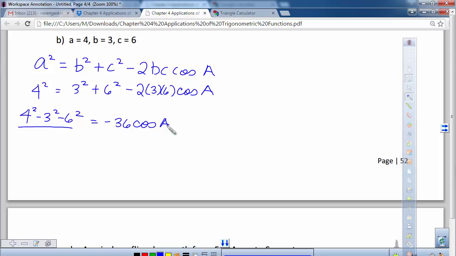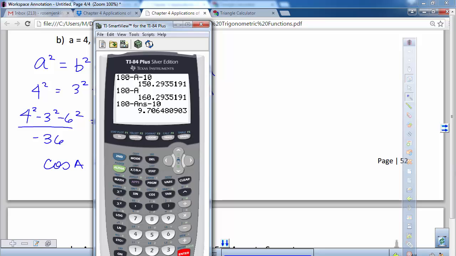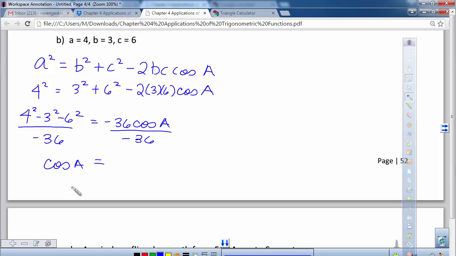All right, and so I can divide both sides by negative 36. And so I'm going to get cosine A is equal to 4 squared minus 3 squared minus 6 squared all over negative 36. So I'll do that on the calculator real quickly. Okay, I got 0.805555.